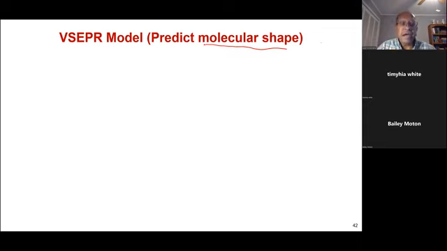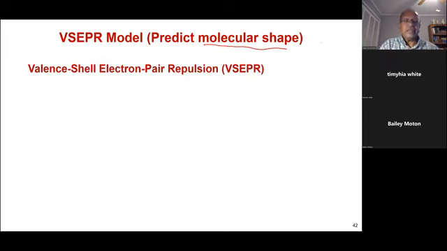So in the Lewis structure, there are valence electron pairs. Repulsion of them could lead to prediction of molecular shape. This idea was developed after Lewis. It is an important idea to predict the shape of a covalent molecule.